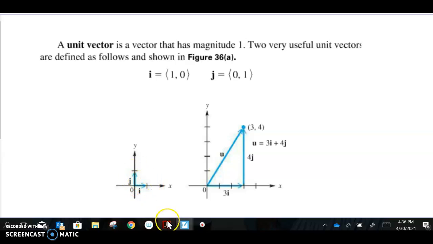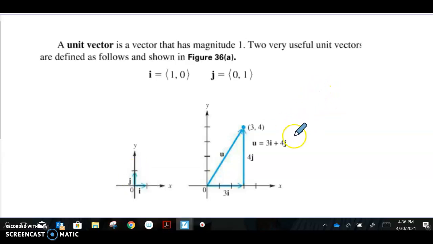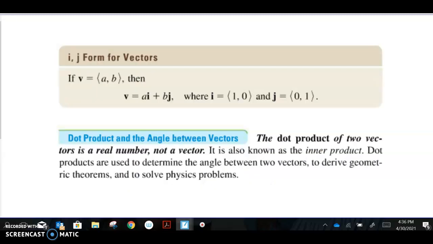So we can call 3 then 3i, and 4 is 4j, because j is just 0, 1. So we can now write a vector in i, j form. We call it ai plus bj, where i equals 1, 0, and j equals 0, 1.